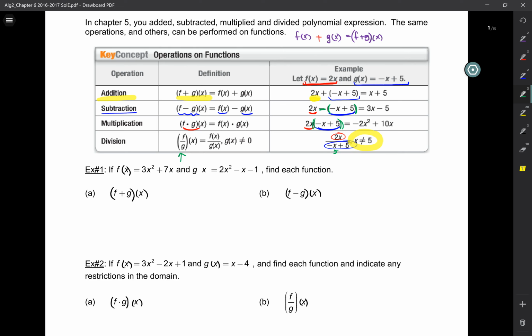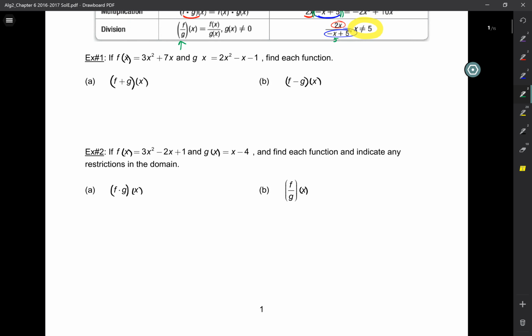Is it possible to get a denominator of 0? Can you divide something by 0? You cannot. That's like saying you have 2 pieces of chocolate and you want to divide it between 2 of your friends, or you have 2 pieces of chocolate and you want to divide it between your 0 friends. That's not cool.